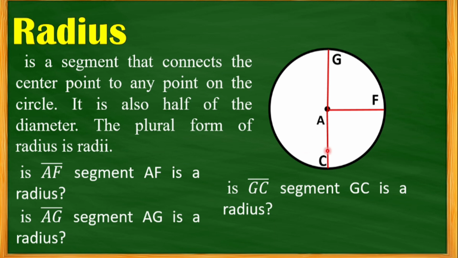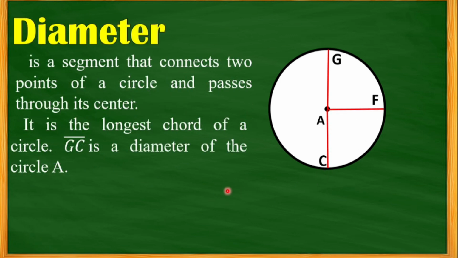So we can classify segment GC as a diameter, because a diameter is a line segment that connects 2 points of the circle passing through the center. It is passing through the center. Again, 2 points on the circle passing through the center. It is also the longest chord of a circle. So segment GC is a diameter of the circle.